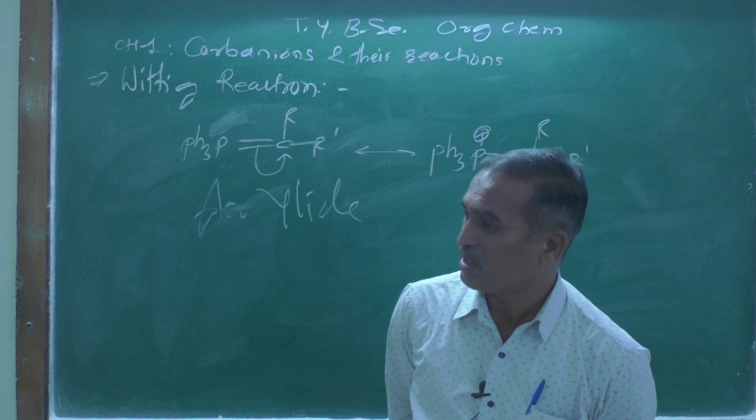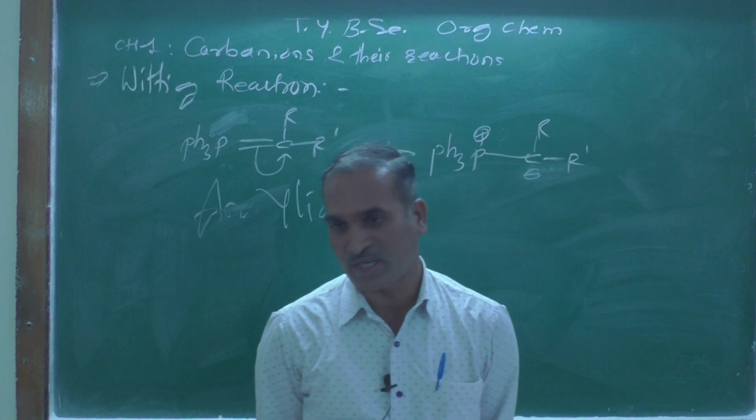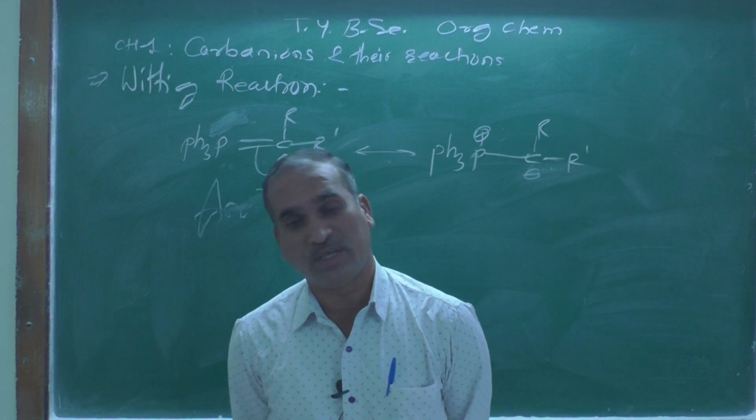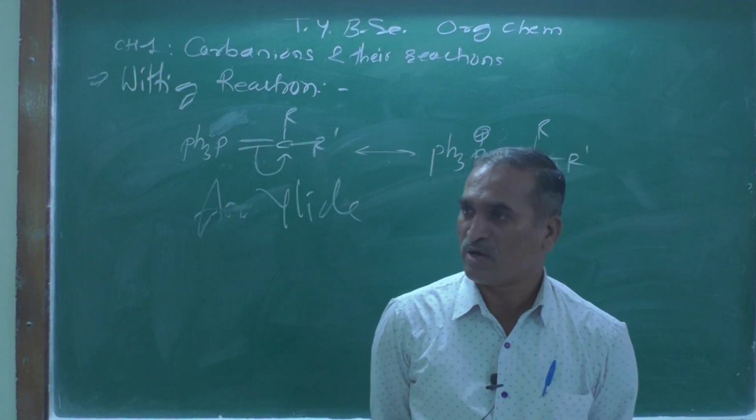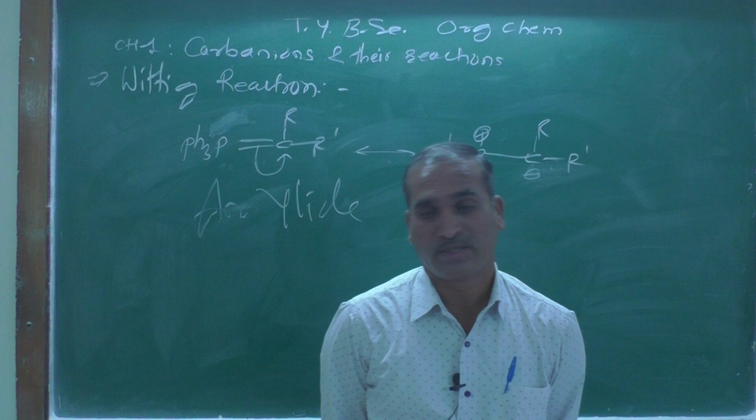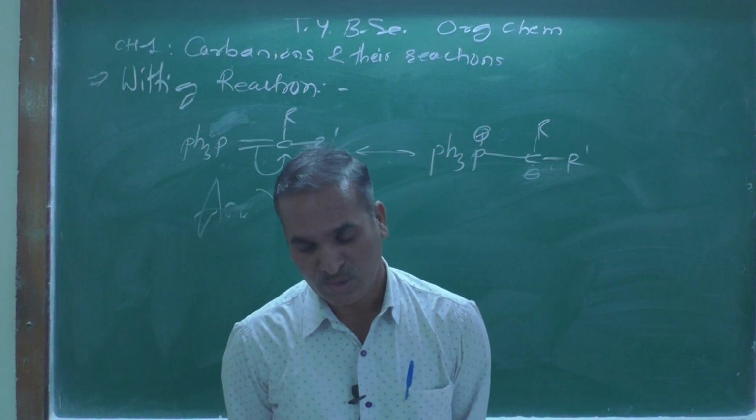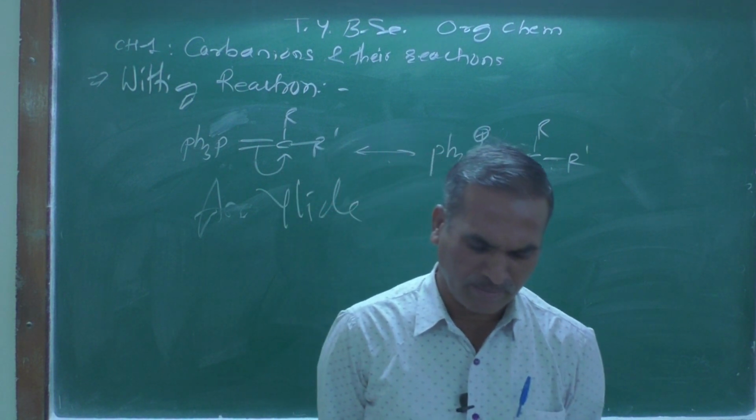What starting compounds you have chosen, and from that how he prepared it, with the help of a suitable example and its mechanism, is expected over here. So in this way you have to remember.